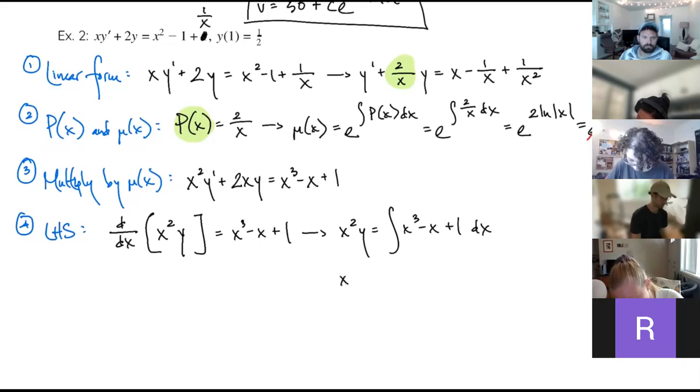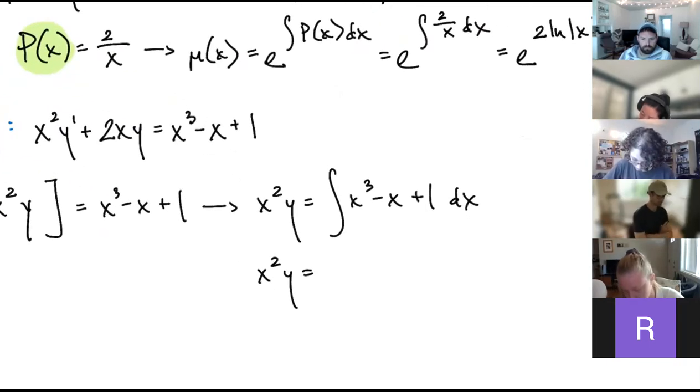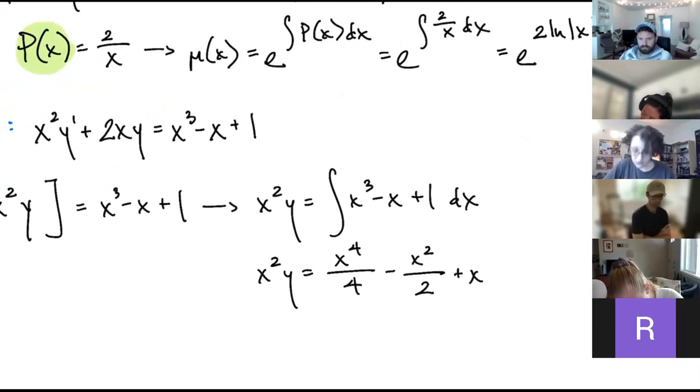This will give me x squared y equals, oh, thank goodness, just power rule. None of the crazy stuff we were looking at yesterday. x to the 4th over 4 minus x squared over 2 plus x. Now we need that plus c, okay?